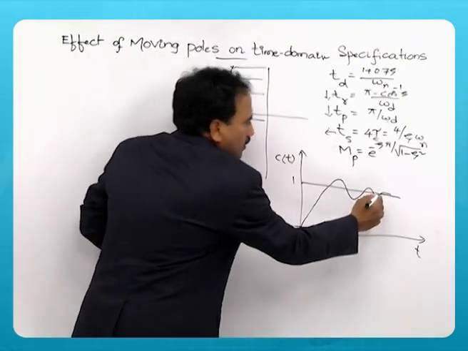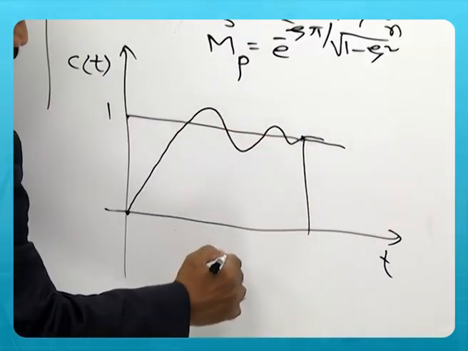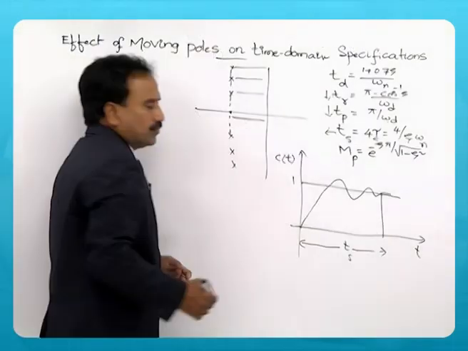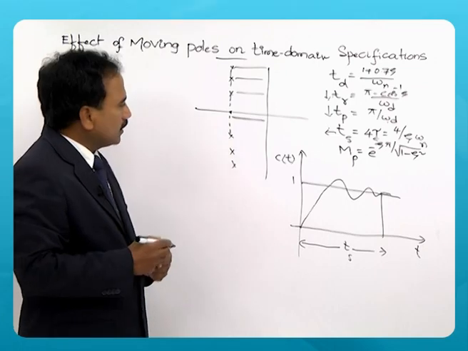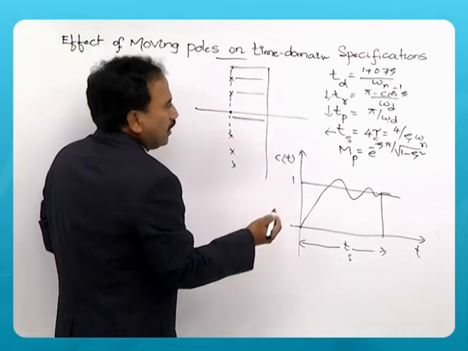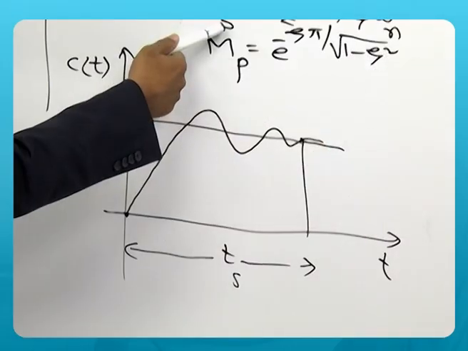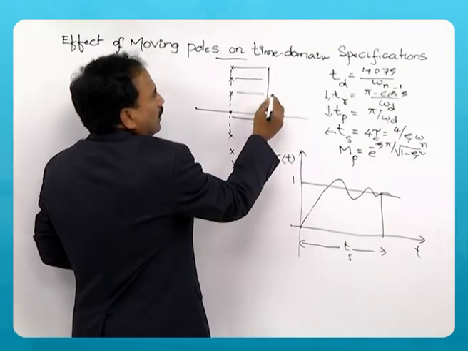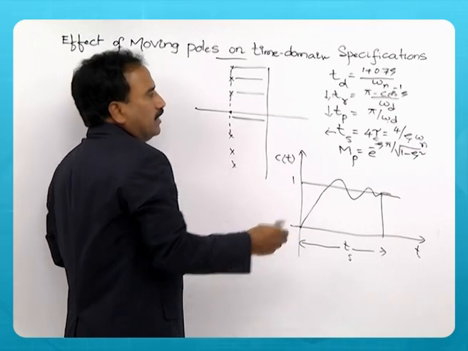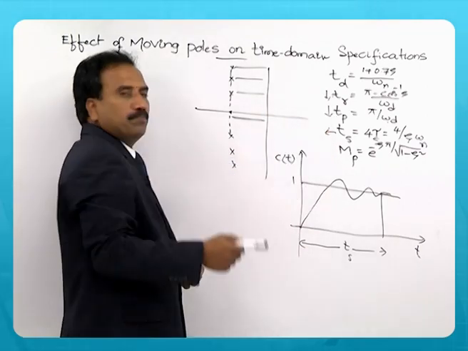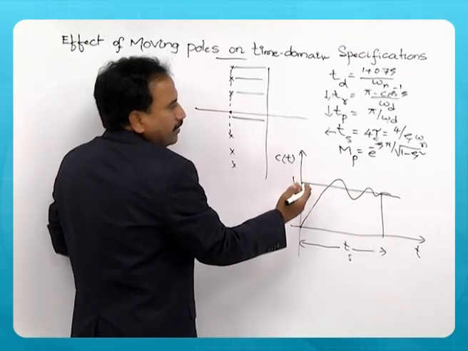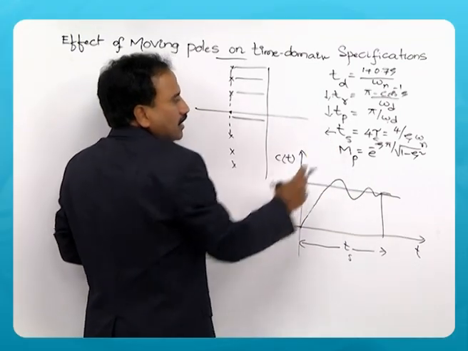And this is the settling time required for the response to reach and stay within the 2% tolerance limit. Now, when you see here, no change in the settling time when poles move up, but because of the increase of omega d, there is a reduction in the rise time and peak time, means the waveform comes closer this side, but no change in the settling time.